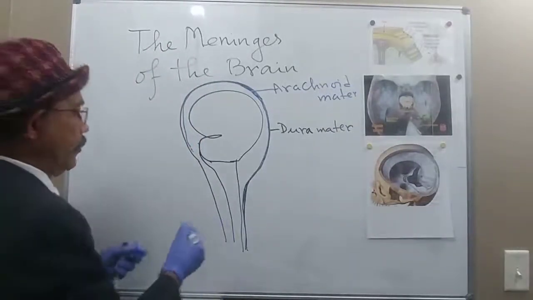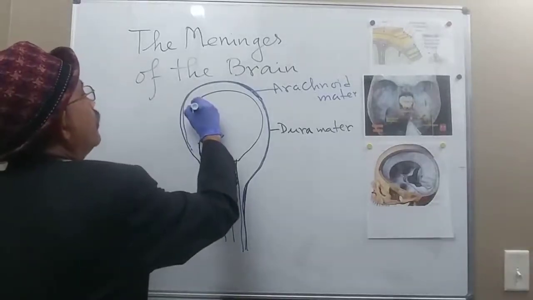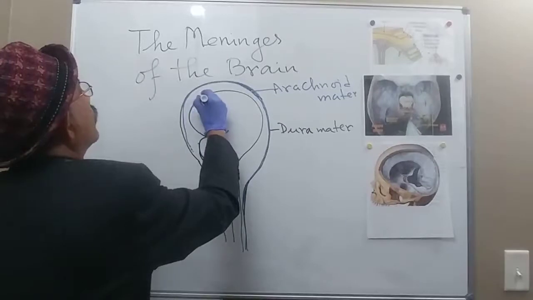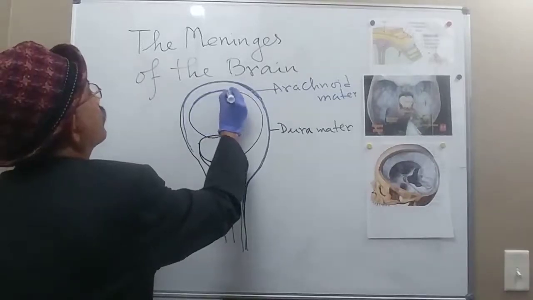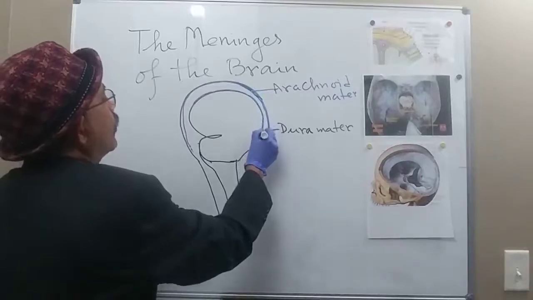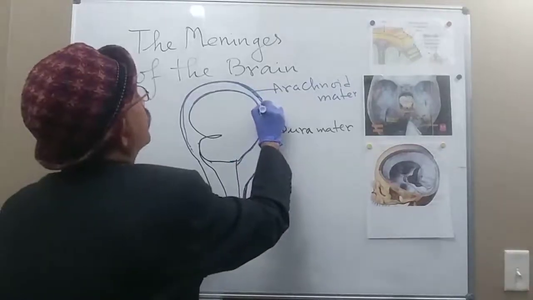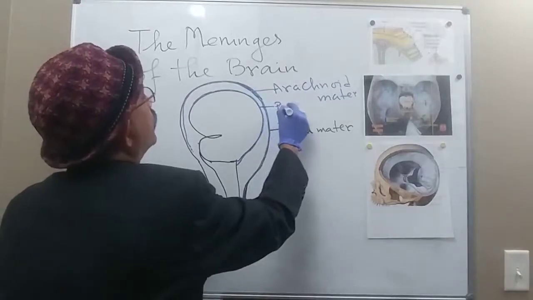Another layer is on the external surface of the brain over the cortex, that is the pia mater.